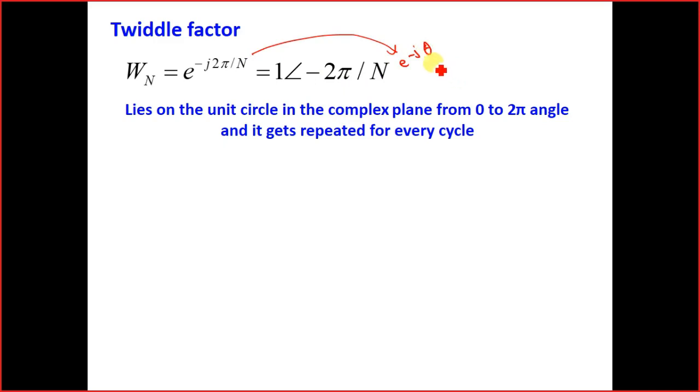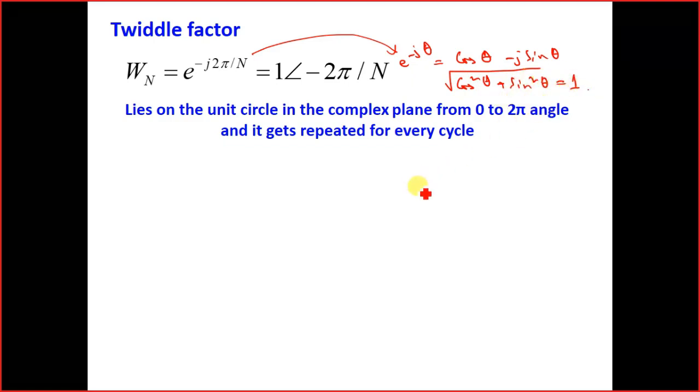It is in this form. So this is nothing but equal to cos theta minus j sin theta. Now if you try to find out the modulus of this one, we get cos square theta plus sin square theta, which is equal to 1.